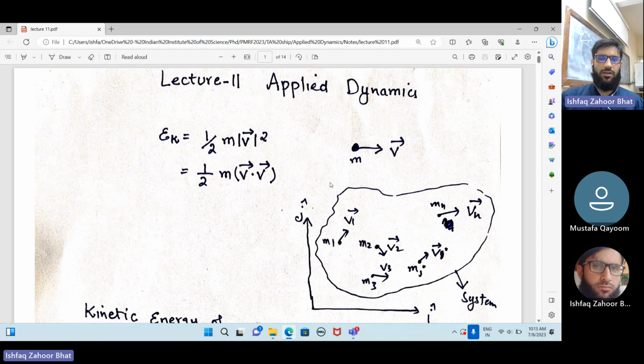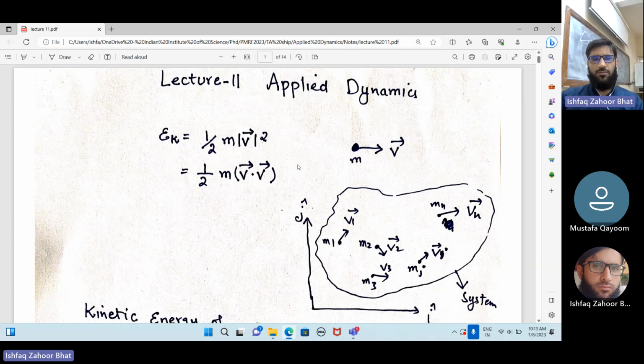So now, in order to solve more complex systems, we need a little more tools. For that, today we will be discussing the kinetic energy of a system of particles. In previous lectures, we defined the angular and linear momentum of a system of particles.